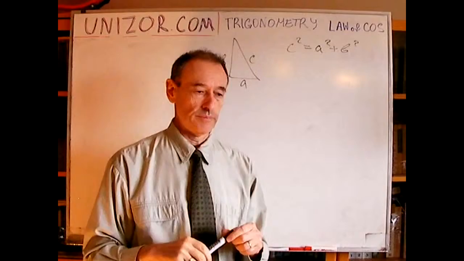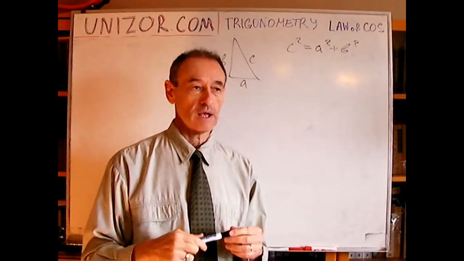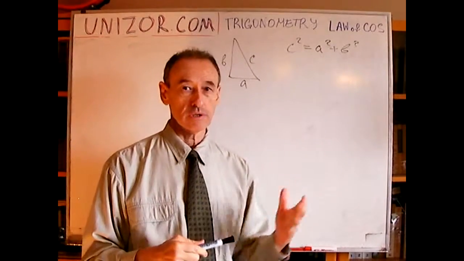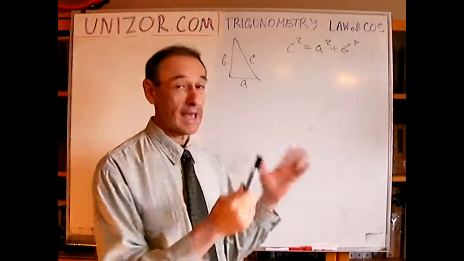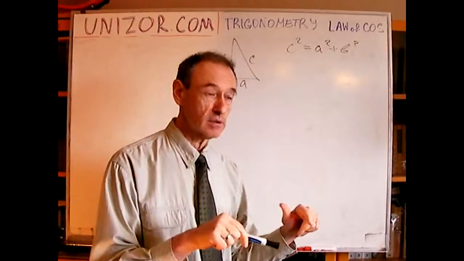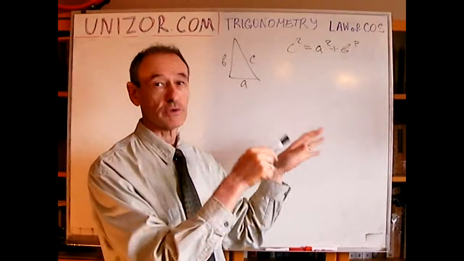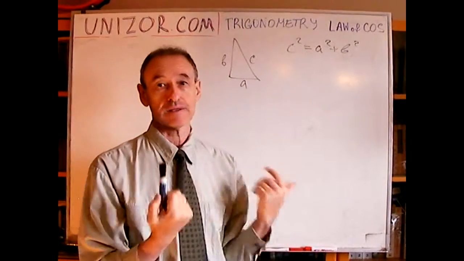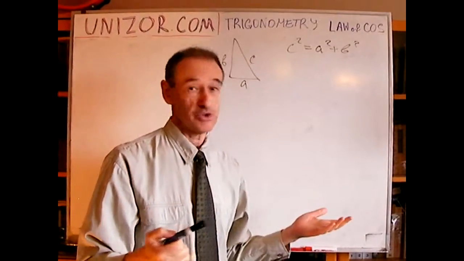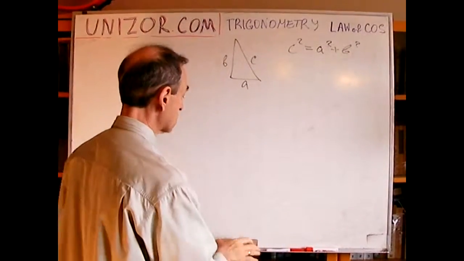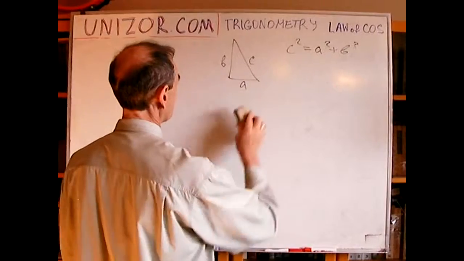The law of cosines generalizes this particular theorem for any triangle. In particular, if the triangle is a right one, then the law of cosines states exactly the same as the Pythagorean theorem, which it should, right? So let's talk about any triangle.